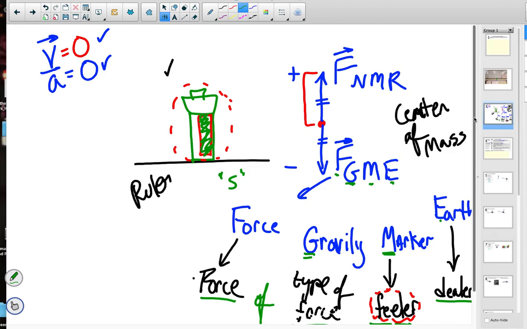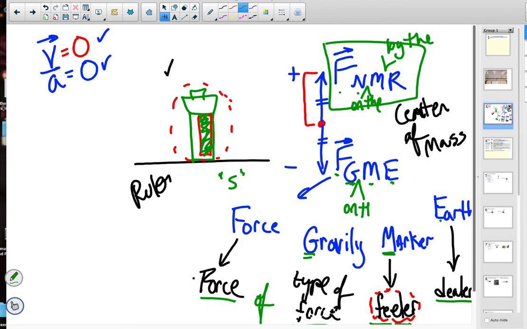Up here, if we take a look at this other force naming, we've got force. In this case, we don't say of normal, we just say force normal on the marker, and it's by the ruler. Force of gravity on the marker by the Earth.